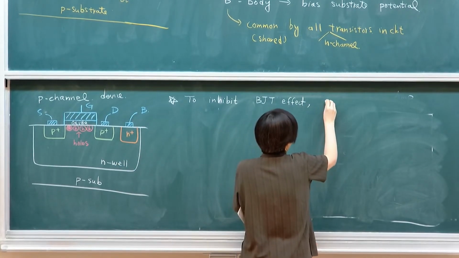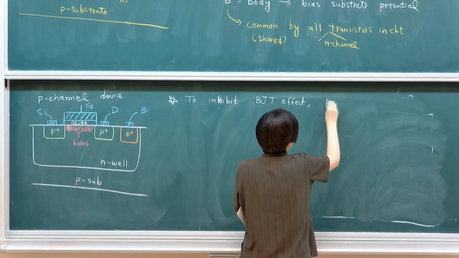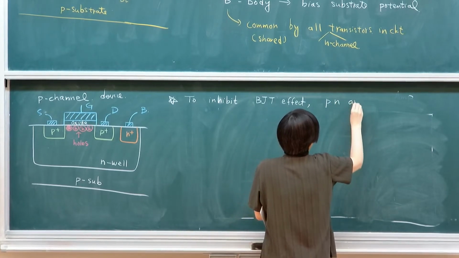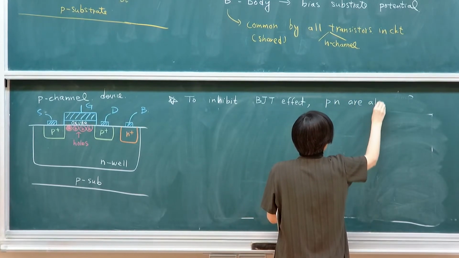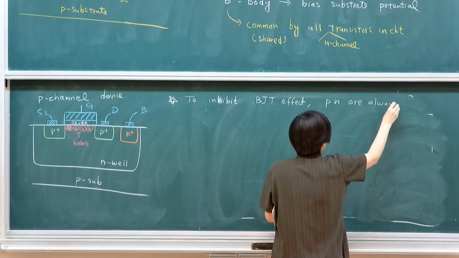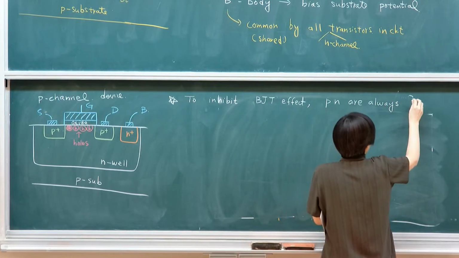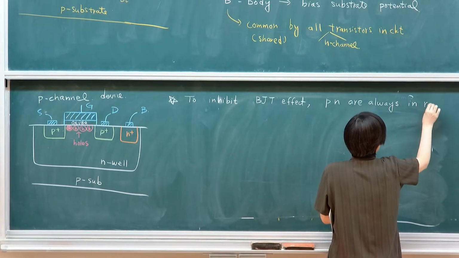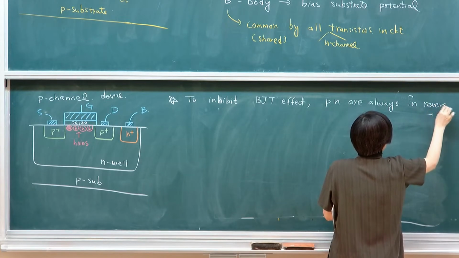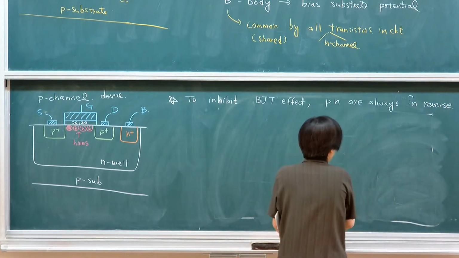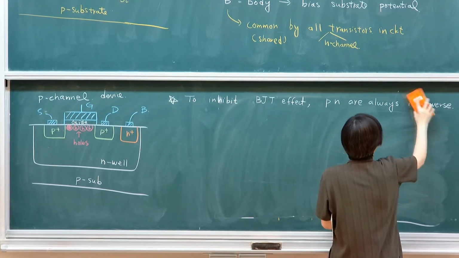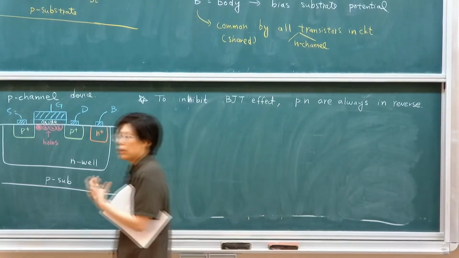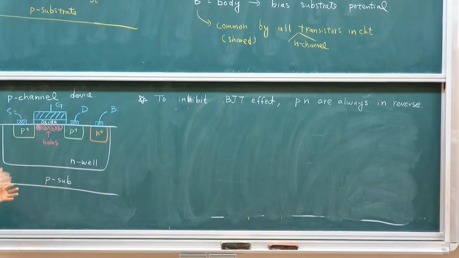You make sure that junctions, or PN junctions, are always in reverse. We don't want any junction to be turned on, otherwise it will interfere with the control current, which is being built by the surface channel.